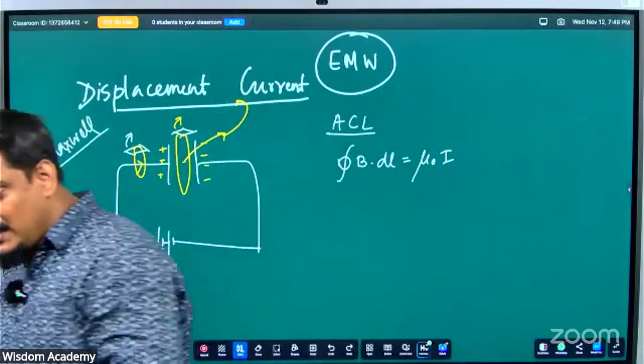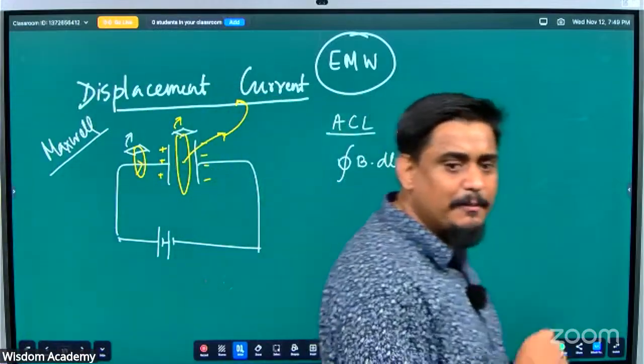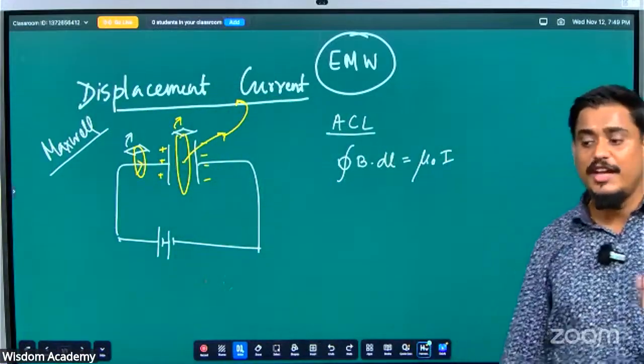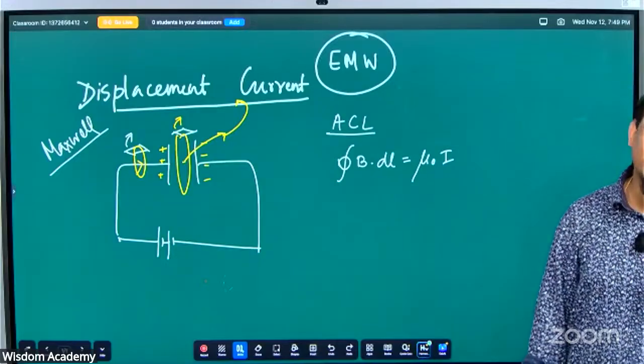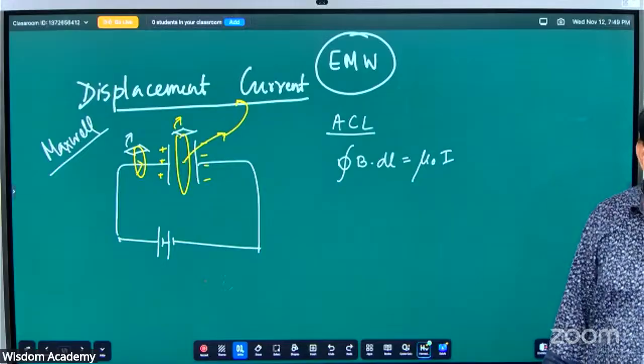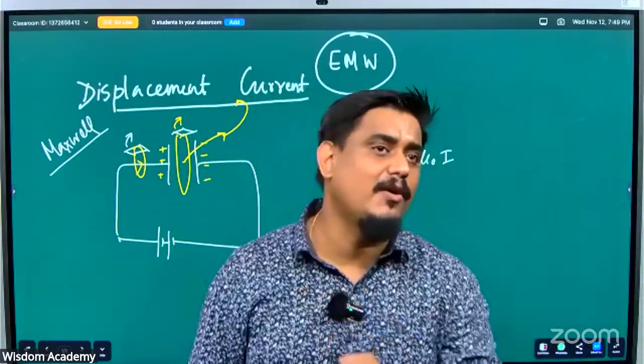And this change in electric field is only causing the current to come. So as per Maxwell, like how change in magnetic field is producing induced EMF, same way change in electric field is also producing a current, and that current he called as displacement current.